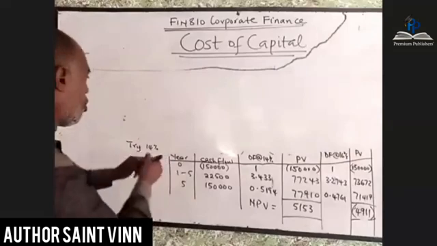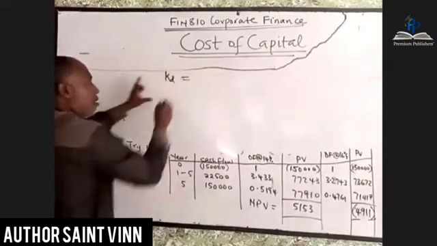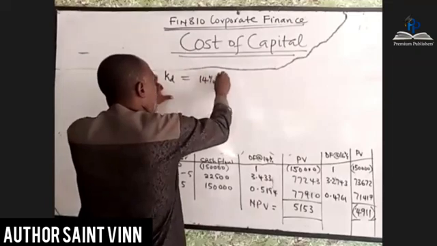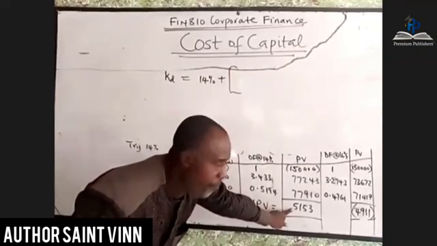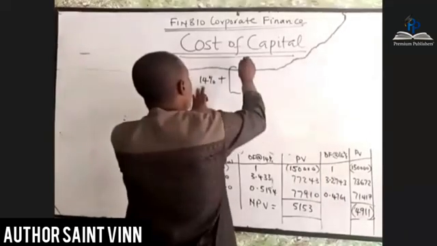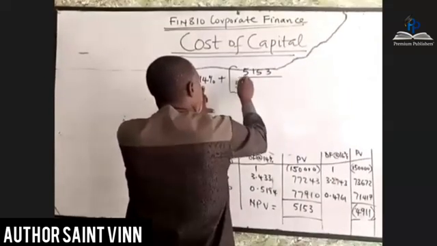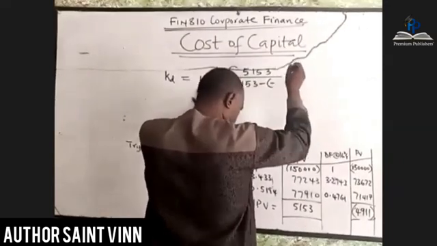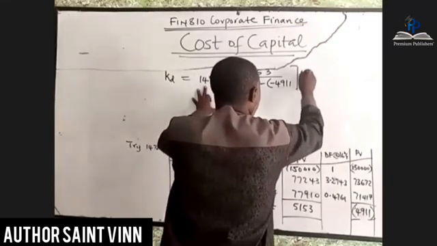So now, what are we looking for? Cost of debt. We started with 14% plus this one that is positive, NPV. Let me say this: first NPV, second NPV. So the first NPV is this, all over that same first NPV minus 4911.